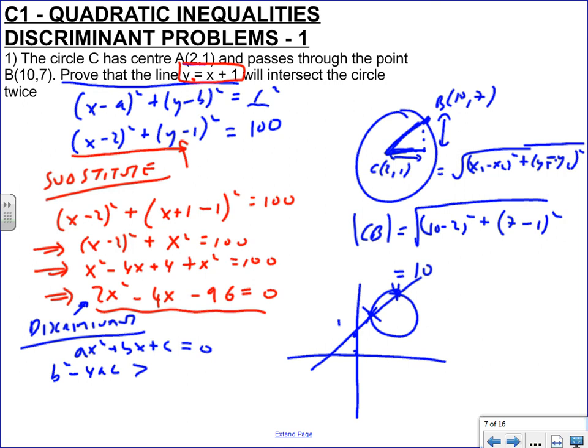So we need to show that it has 2 roots. So if you set your b squared minus 4ac greater than 0, then you know that describes 2 real distinct roots.